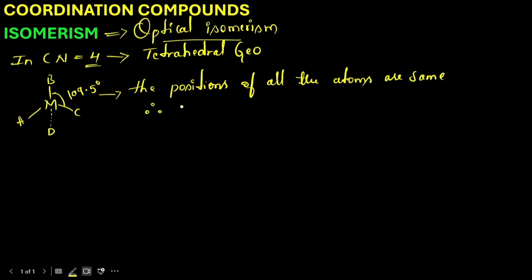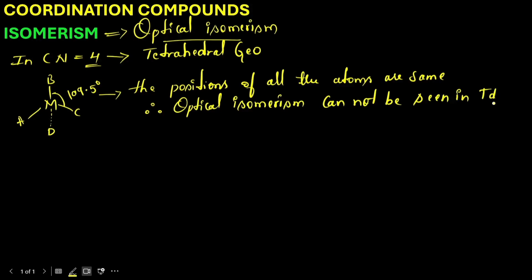Therefore, optical isomerism cannot be seen in tetrahedral geometry.